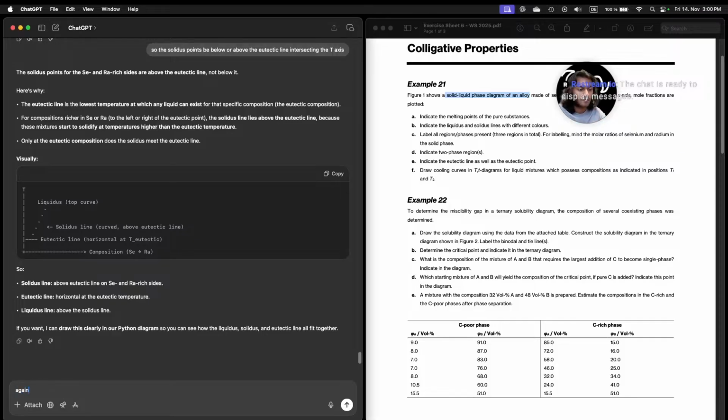Again, from what I have understood, for the solidus line, it starts at the temperature where the pure substance stays solid.